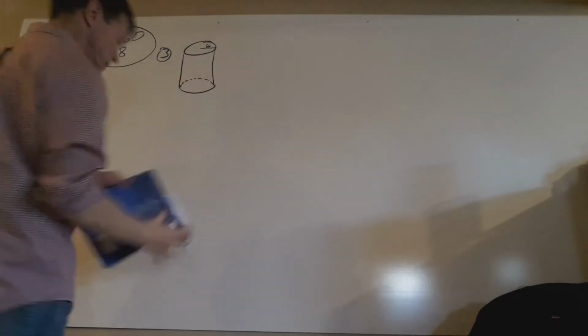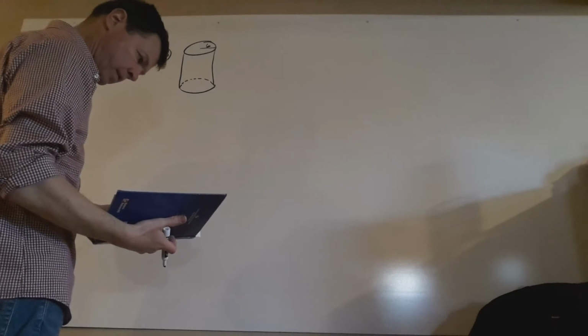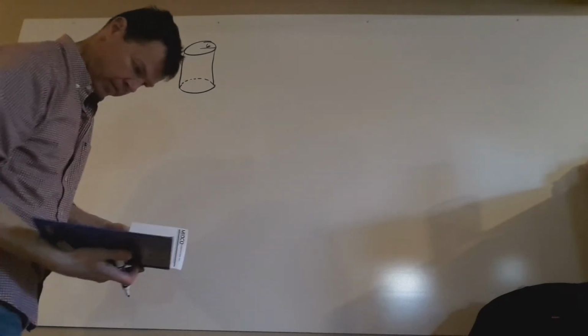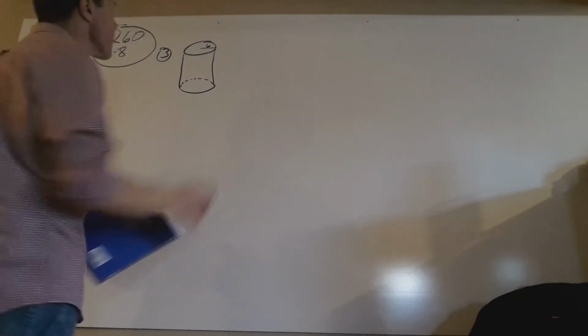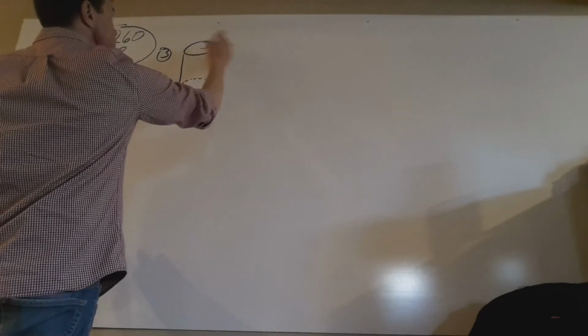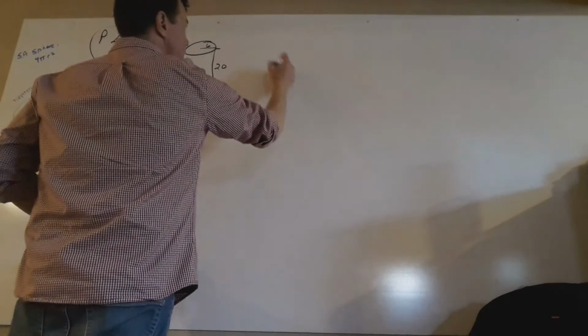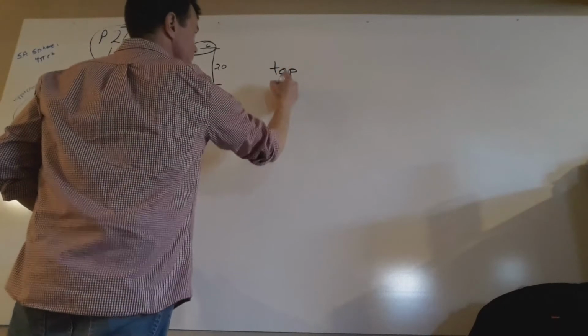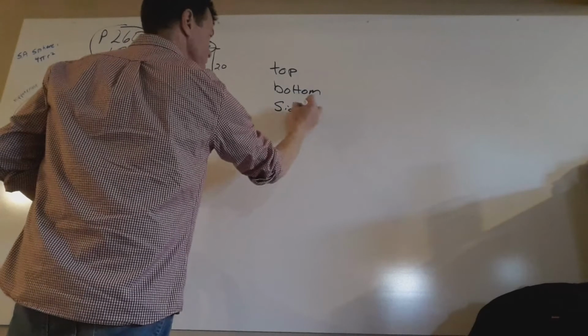The radius is 6, and the height of that can is 20, from here to here. Again, we've got three parts: a top, bottom, and the side.